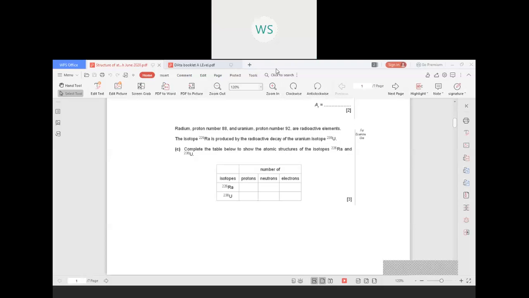So, for radium-226, how many protons are there? 88.